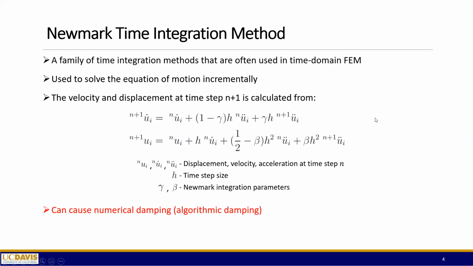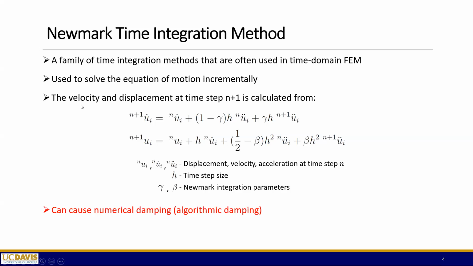So here, today we're going to talk about the Newmark family time integration method. This is a family of time integration methods that are often used in the time domain finite element method. So it is used again to solve the equation of motion incrementally in time. So here are the governing equations for the Newmark time integration method.